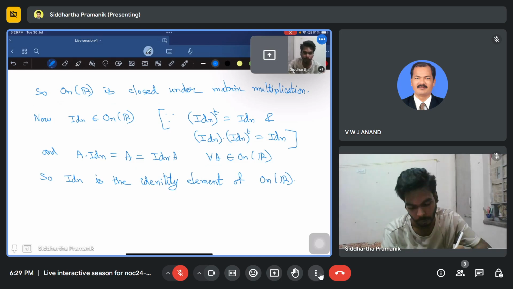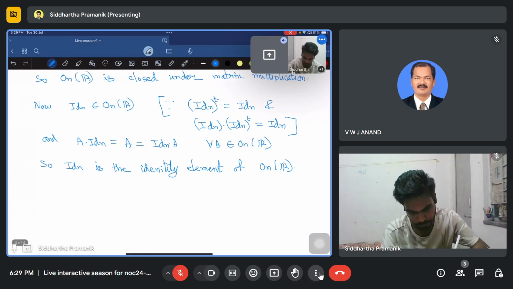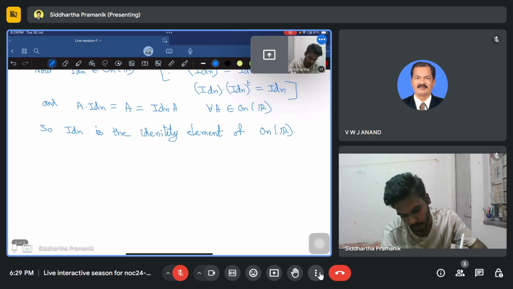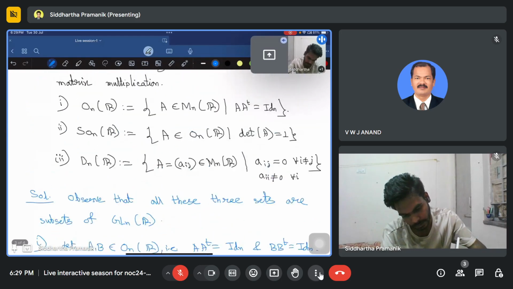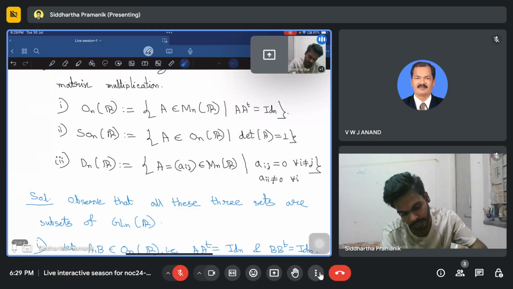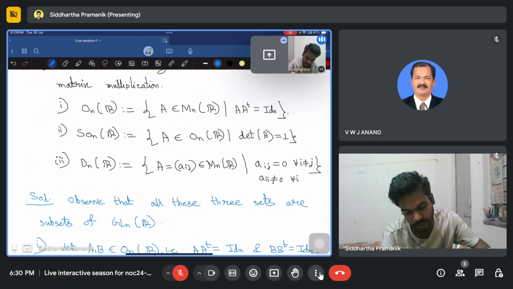Okay. Now the third one is there should be inverses of every element. As we can see, the identity element is the identity matrix, and after multiplying by A transpose, it gives the identity element. So a candidate for the inverse should be A transpose. So let's check that. We need to check both sides.